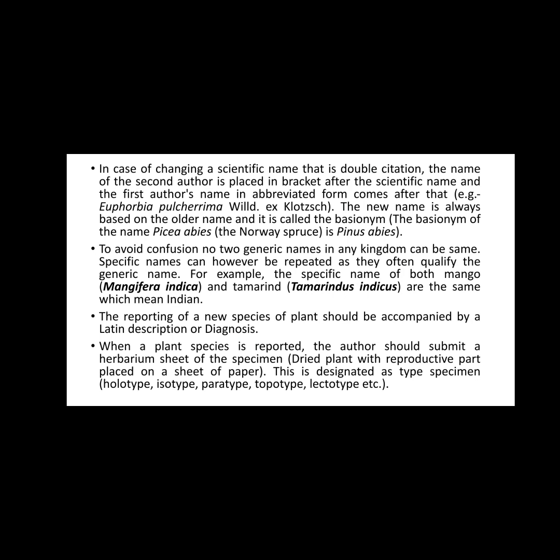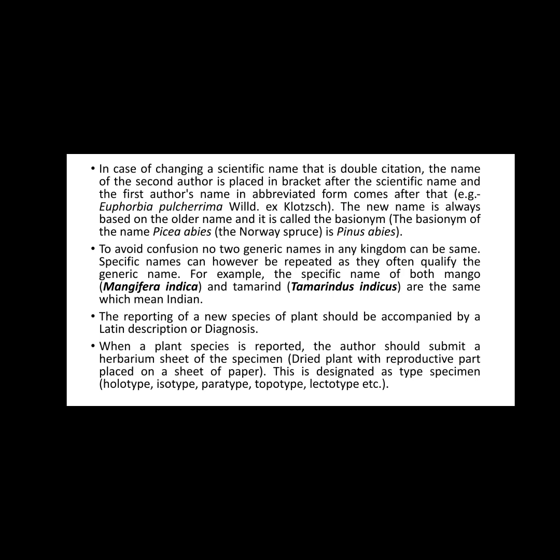Then to avoid confusion, two generic names should not be the same. However, two species names can be the same. For example, in the case of Mangifera indica and Tamarindus indicus, it means that both species are Indian. Here the two species names are the same, but the genus names are different. So genus names should be different, but species names can be the same.